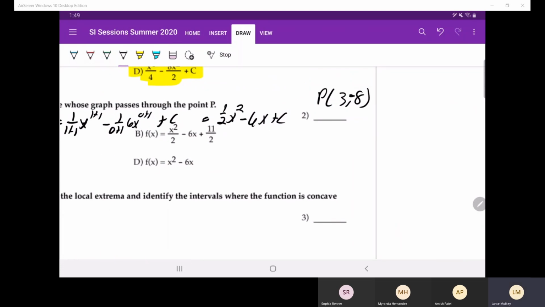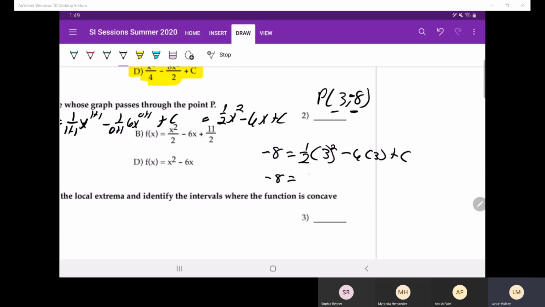So since we have a point, what do y'all think we can do with this? Correct. So this is the first coordinate, your x, second coordinate is your y. Your y is on the left side, so negative 8 equals 1/2 times 3 squared minus 6 times 3 plus c.